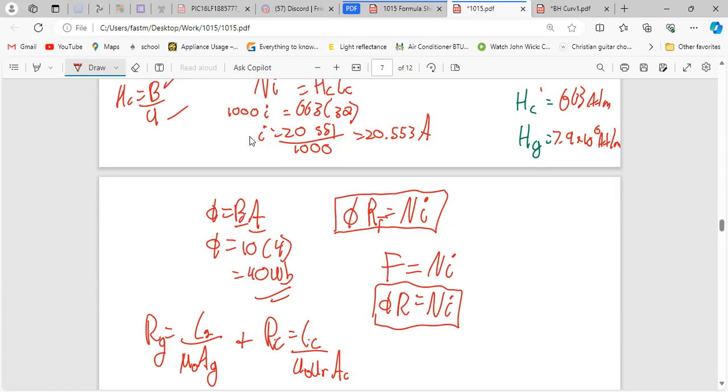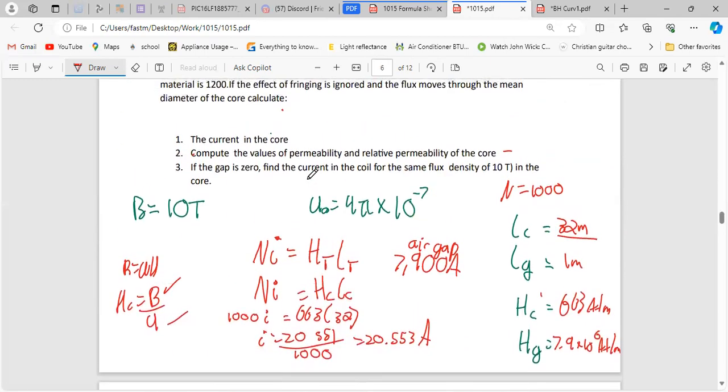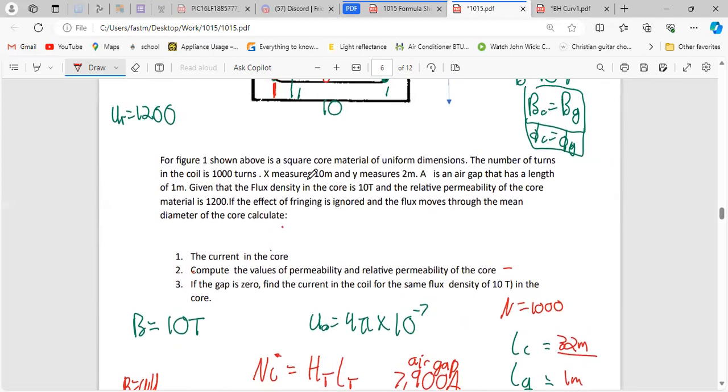You add these two together, plug it in here, and assuming they give you N and I, you can calculate the flux, because the flux will just be Ni over your total reluctance. All these are equations, but this is what I wanted to catch, and that is the question from here. It's a good question to be able to do.